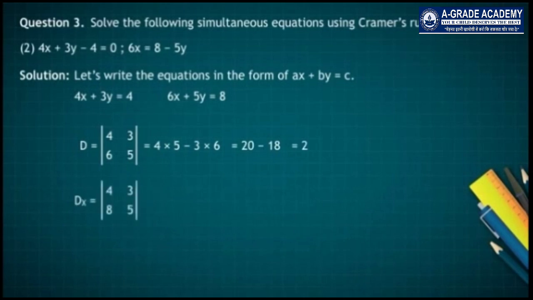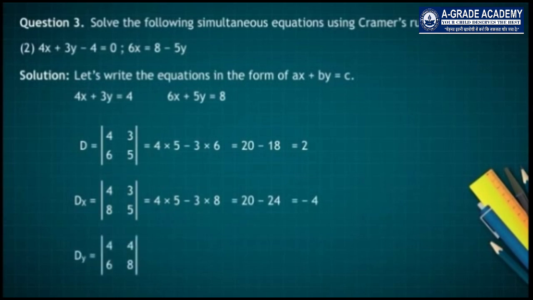Determinant Dx is equal to |4 3; 8 5|, which is equal to 4 into 5 minus 3 into 8, which is equal to 20 minus 24, which is equal to -4.